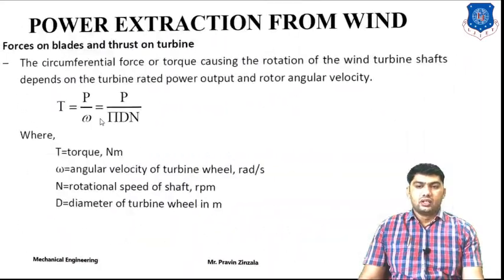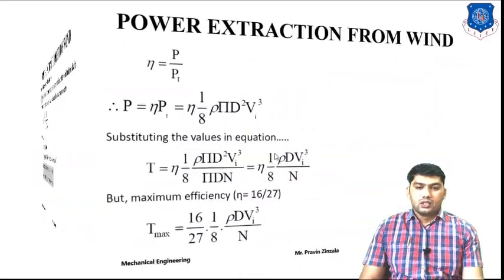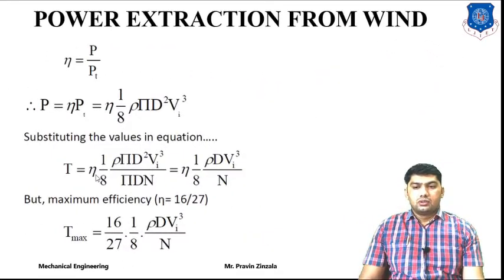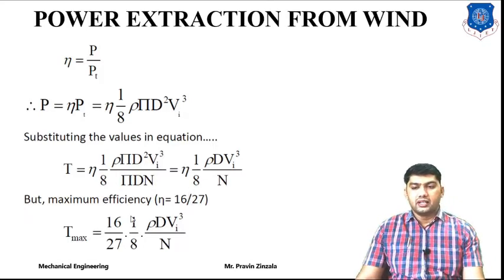In this equation, torque is equal to power by angular velocity, we will get the answer for the wind turbine.